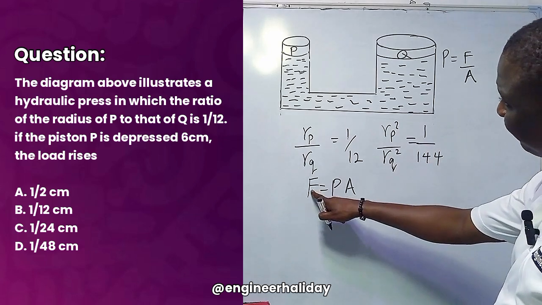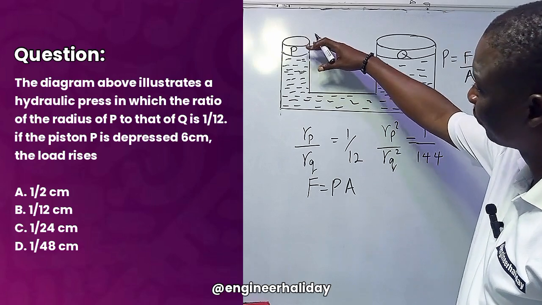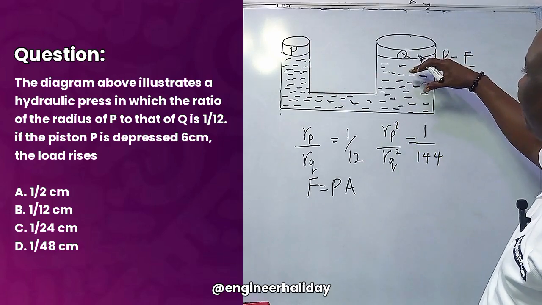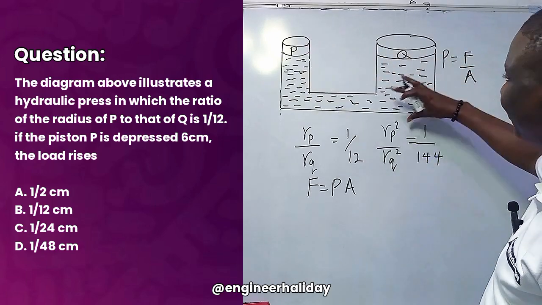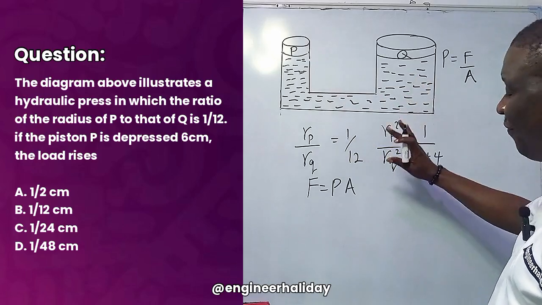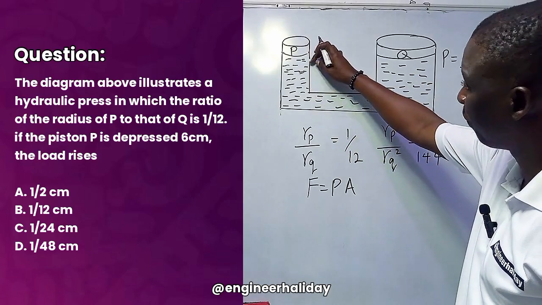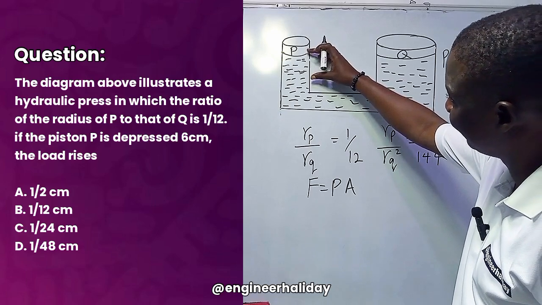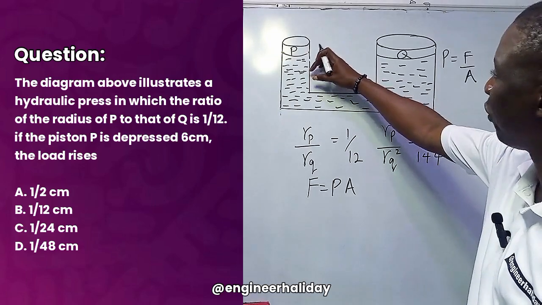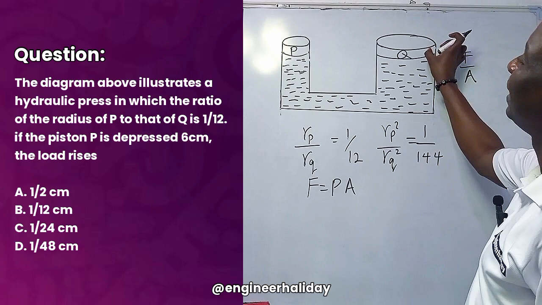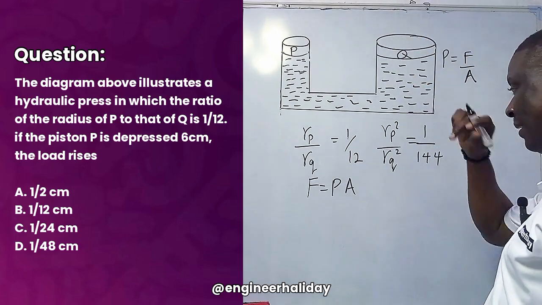Now, remember that the force that will be applied here, we are going to assume they are the same. If not, we cannot do anything here. The reason is that as you depress this with the force, it will rise up in an equivalent manner.